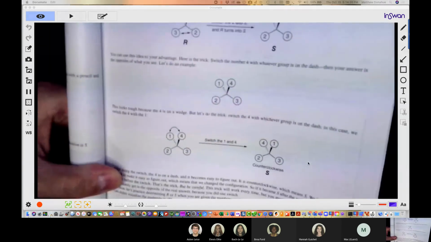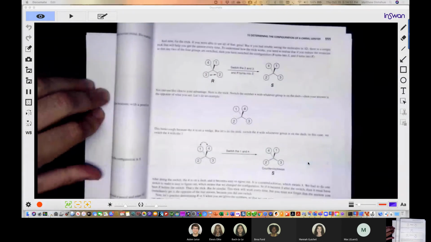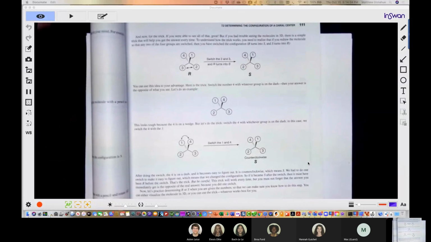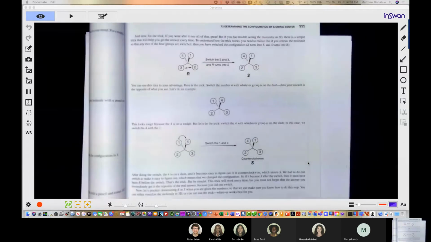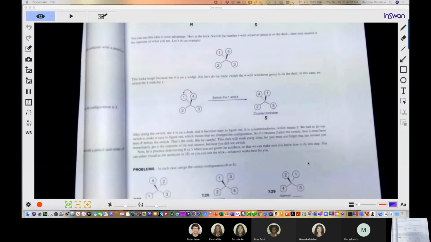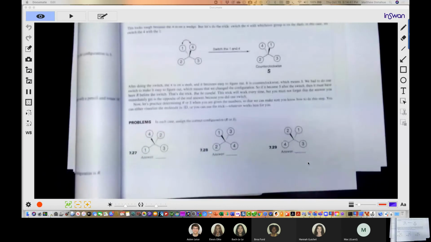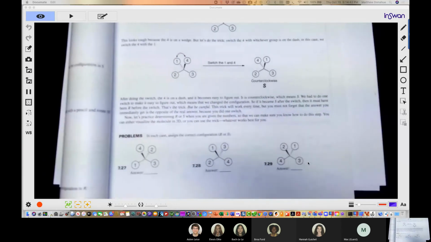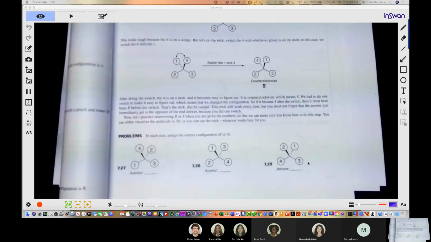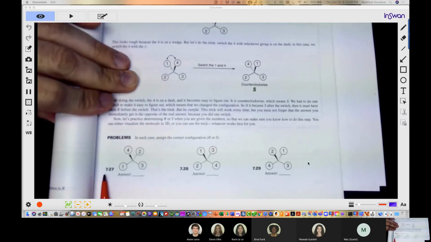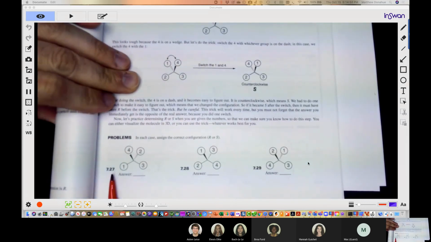So let's do some of these from the workbook, and it's sort of generic, so this might not be the most useful thing to you guys, but we'll go through it anyway. This is page 111, chapter 7, section 2, determining configuration of a chiral center, starting at problem 727.